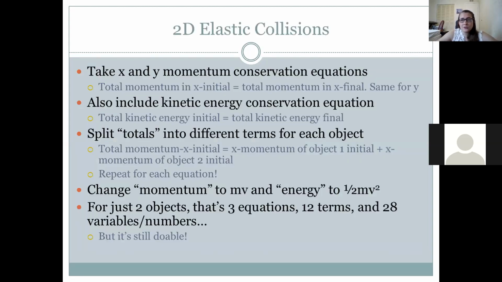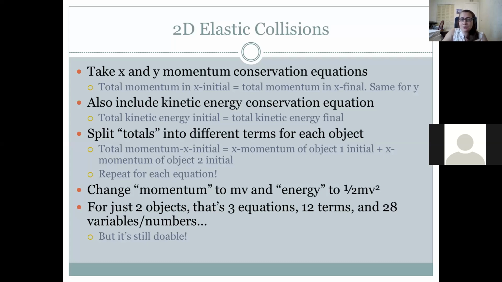And here's the approach that you would take if you are confronted with one of these kinds of problems. It's very similar to what we just did. You take the x and y momentum conservation equations. So total momentum in the x initial equals total momentum in the x final, and then you set up the same equation for y. And if you're dealing with 3 dimensions, God bless your soul, but you would set up that same sort of equation in the z direction as well.